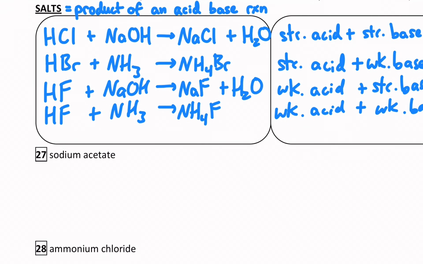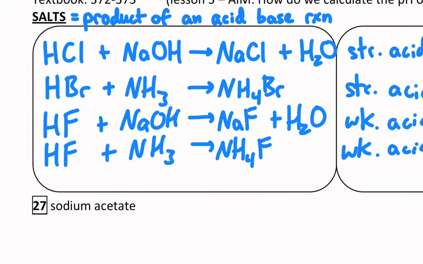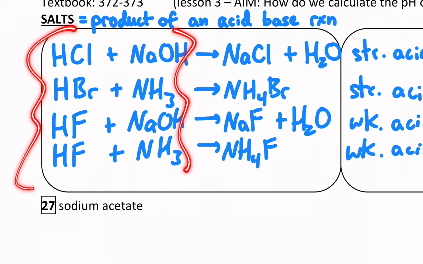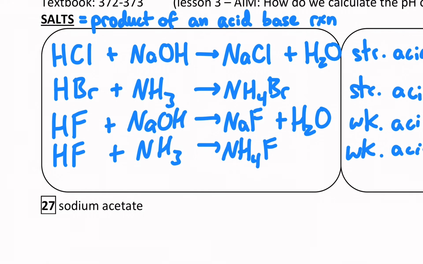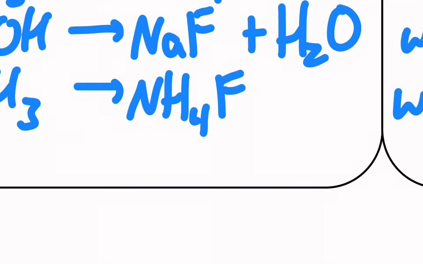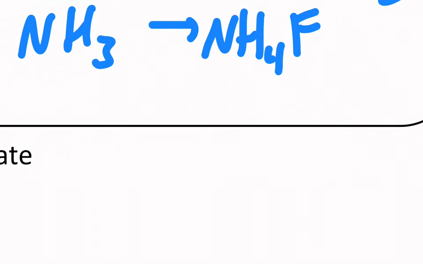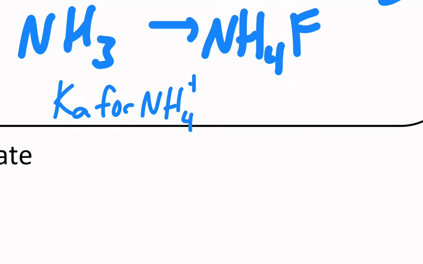The reason salts are acidic or basic is not because of where they came from, but what they actually are when you put them in aqueous solutions. They're a cation and an anion, and all cations have the potential to be acidic, and all anions have the potential to be basic. So these things actually have K values, which means we need to look up the K values. The Ka for ammonium ion, if you look it up, is 5.6 times 10 to the minus 10.